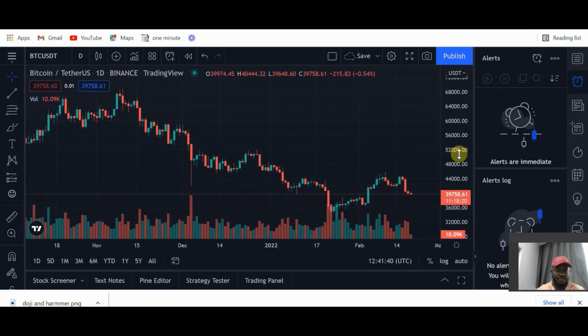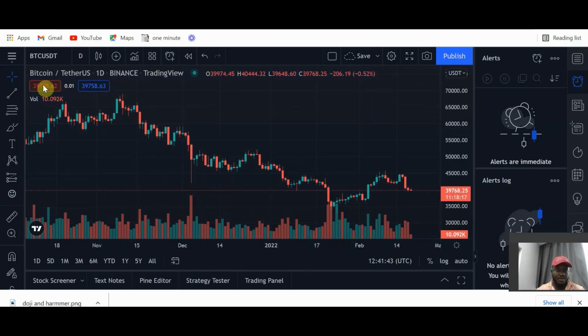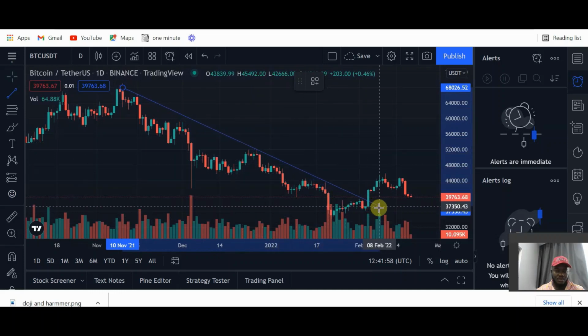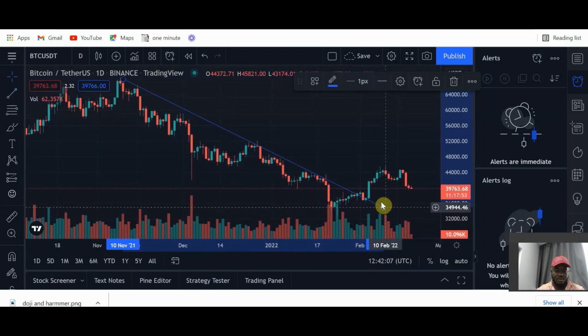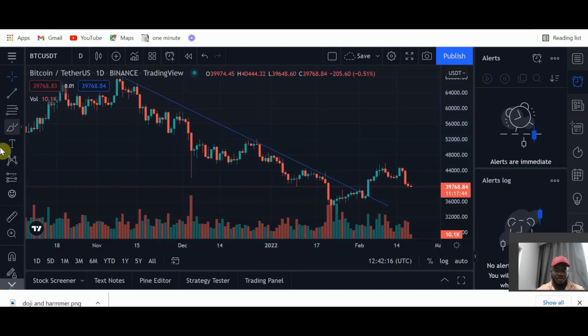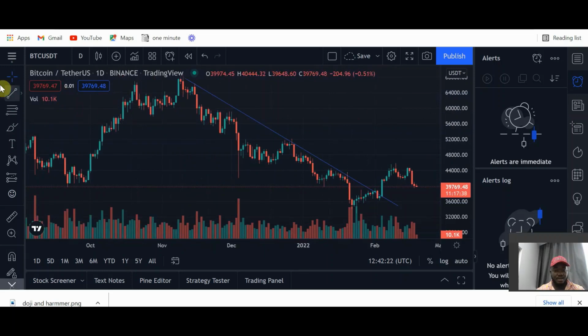This is the 1-day chart on Bitcoin. How do you draw a trend line? You draw like this, connecting 3 different points. 1, 2, 3, 4. You can connect more than 4. You see, this already shows you that the market is going in a downtrend.